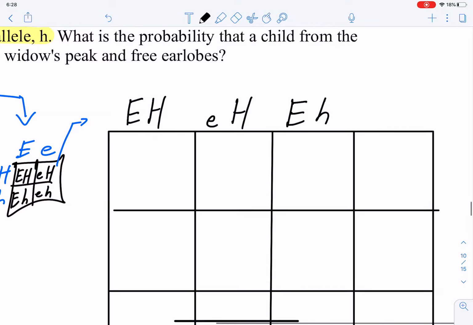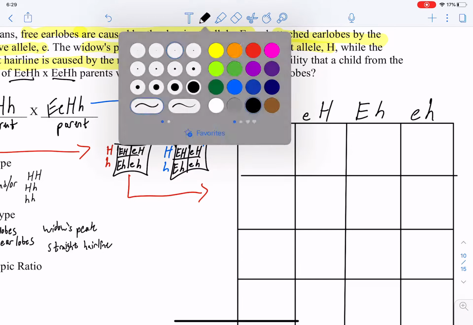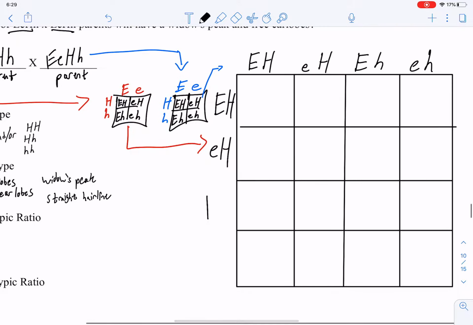And then last one, little e, little h. All right, we can go ahead and move this parent over here as well. So we get big E, big H, little e, big H, big E, little h, and then little e, little h.